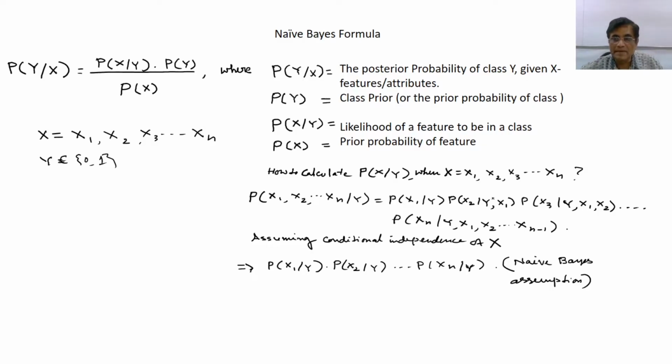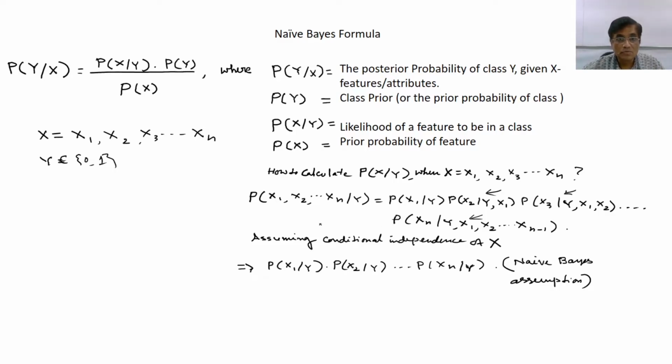And this probability distribution incorporates so many parameters to be evaluated, which makes computation very, very difficult, if not impossible.